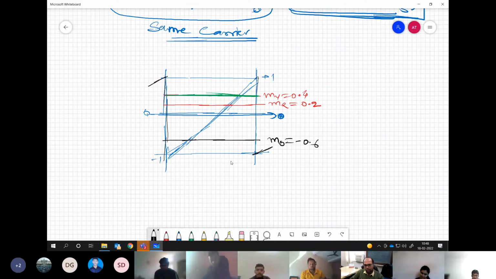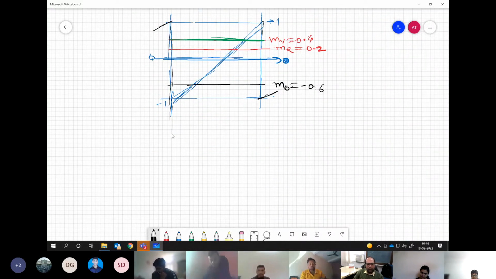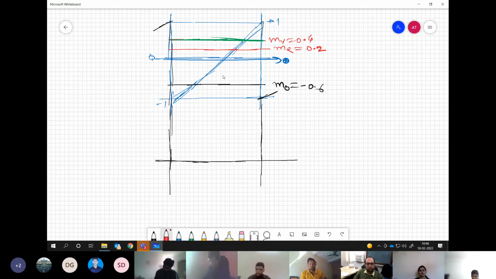Now, in response to these three-phase modulating signals, our converter will generate the gating signals for the IGBTs, which may look like this. Up to this point the R phase is high, so there will be a gating signal given like this, and then it will go to 0.